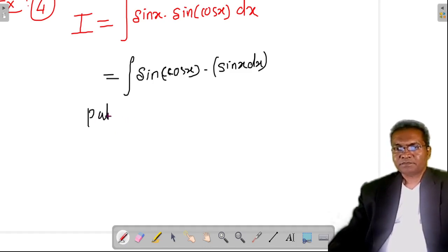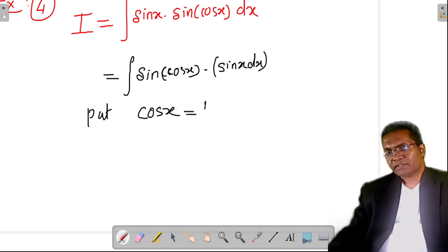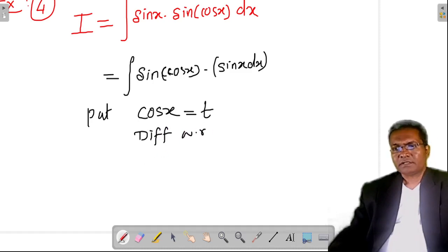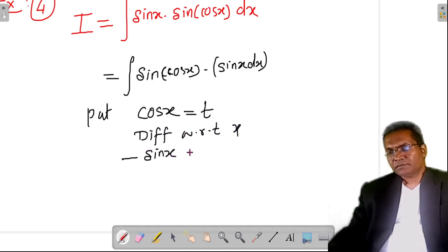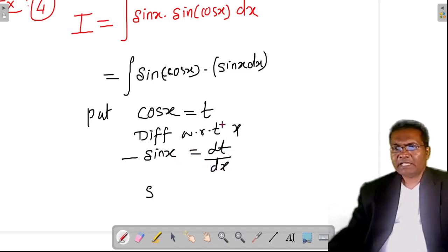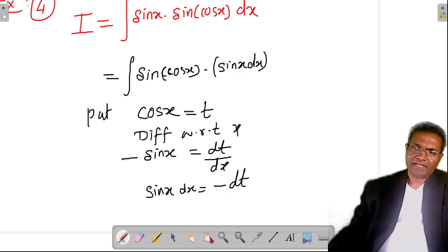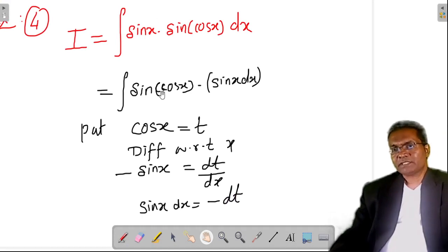Now you have the derivative of this somewhere here, so put cos x equal to t. Since its derivative is here itself, we are doing this substitution. Differentiate this: derivative of cos is minus sin x, equal to dt by dx. What we have here is sin x dx, so I write sin x dx, this dx comes to this side, minus I take to that side: minus dt. Okay, now make the substitution in this.